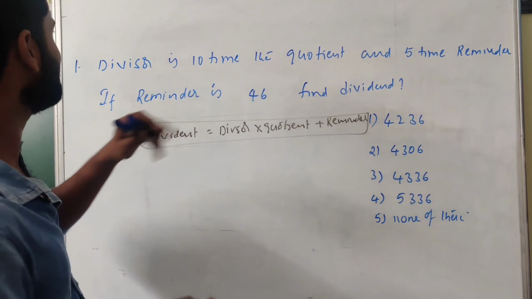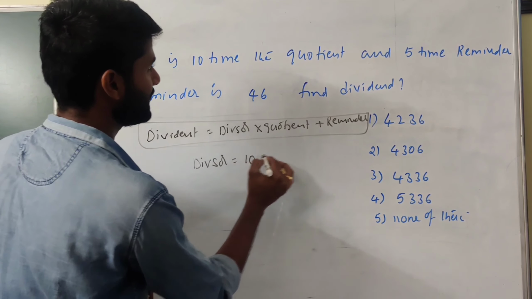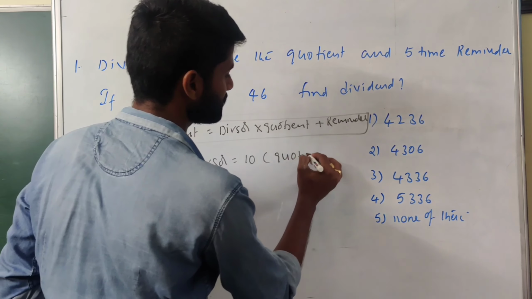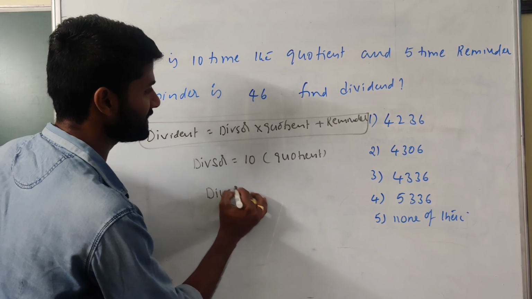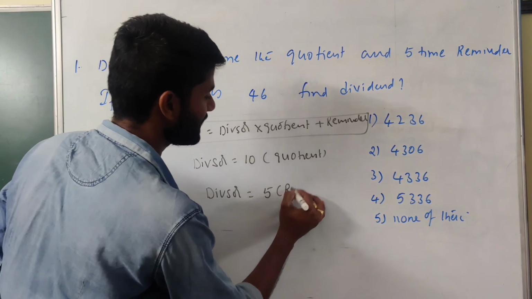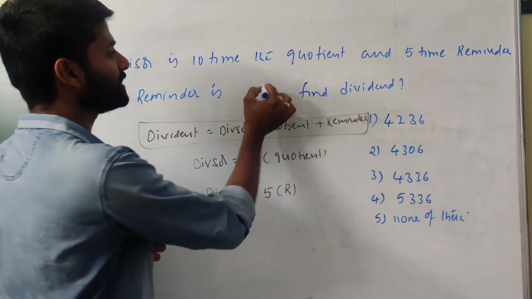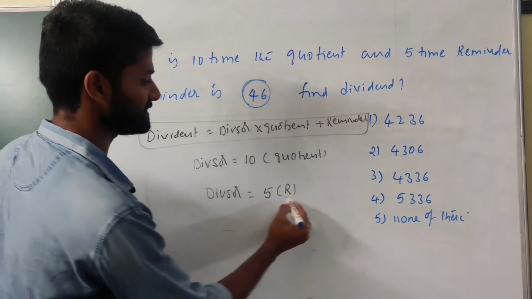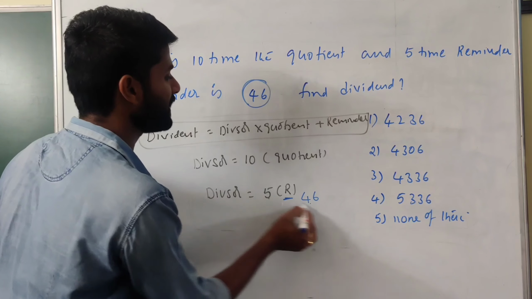Then read the entire statement again. He said that the divisor is equal to 10 times the quotient, and again the divisor is given as 5 times the remainder. We already know the remainder is 46, so just replace it here by 46. Then 5 into 46.